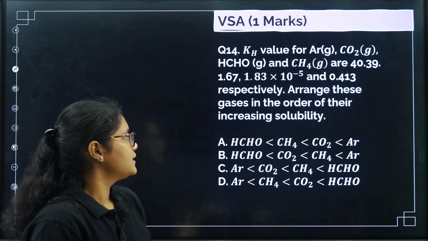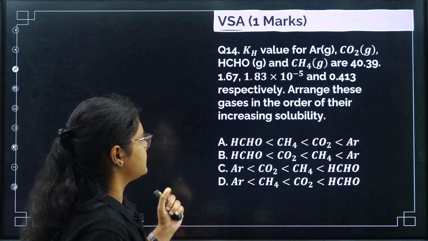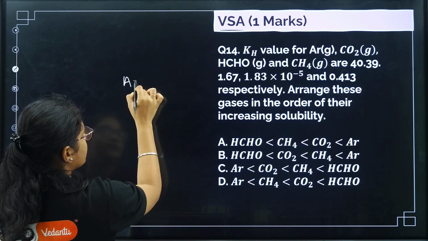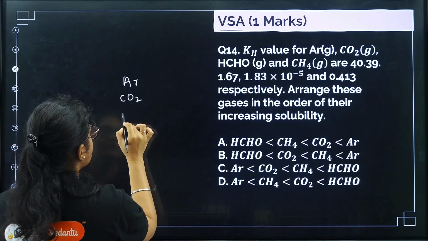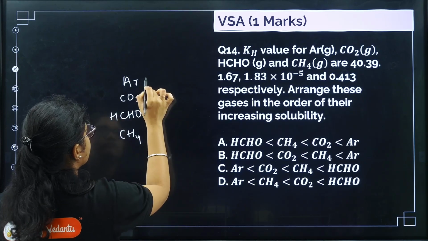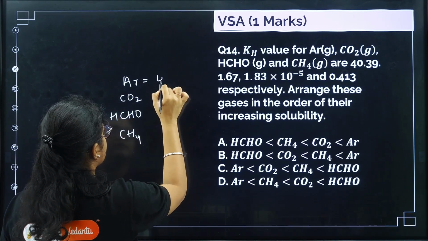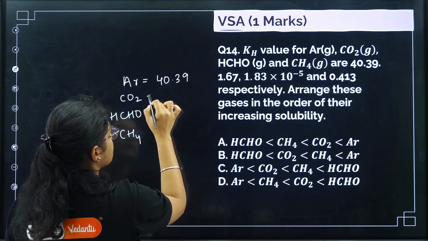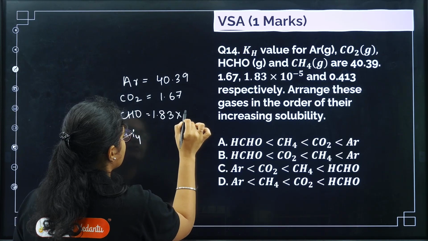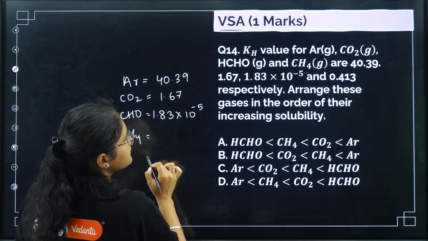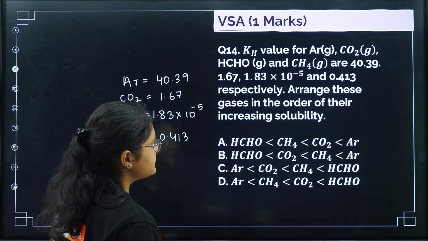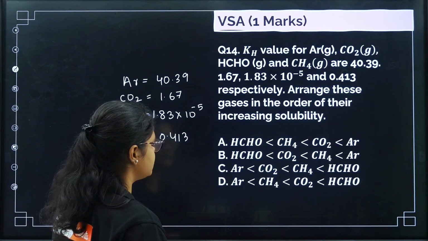Okay. Next, the KH values for argon, CO2, HCHO and CH4 are given. So let us note down these values. For argon, CO2, HCHO and then CH4. For argon it is 40.39, then CO2 1.67, HCHO 1.83 into 10 to the power of minus 5, and CH4 is 0.413. Now arrange these gases in the order of their increasing solubility.